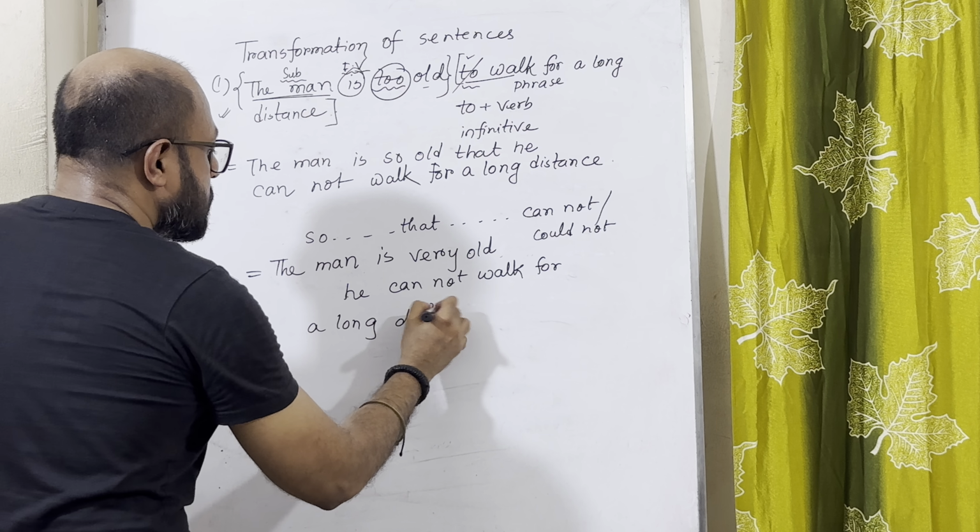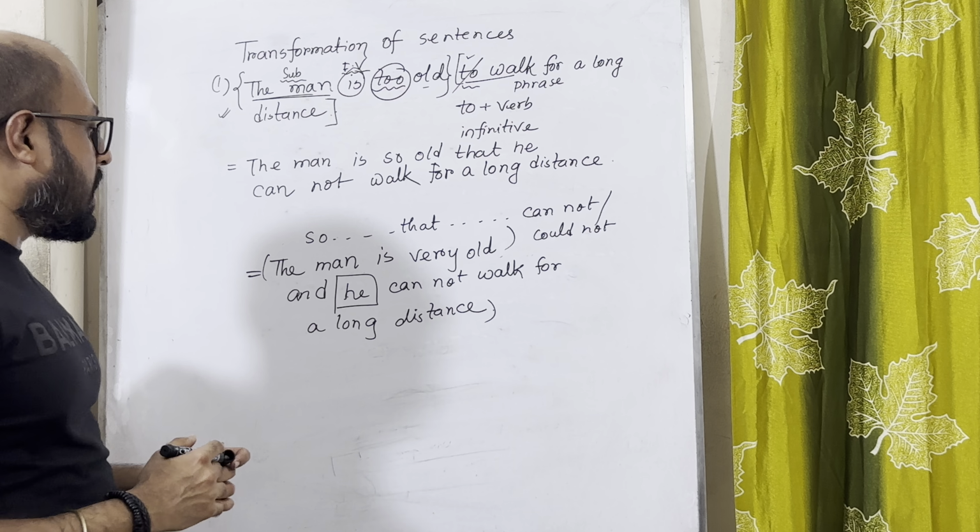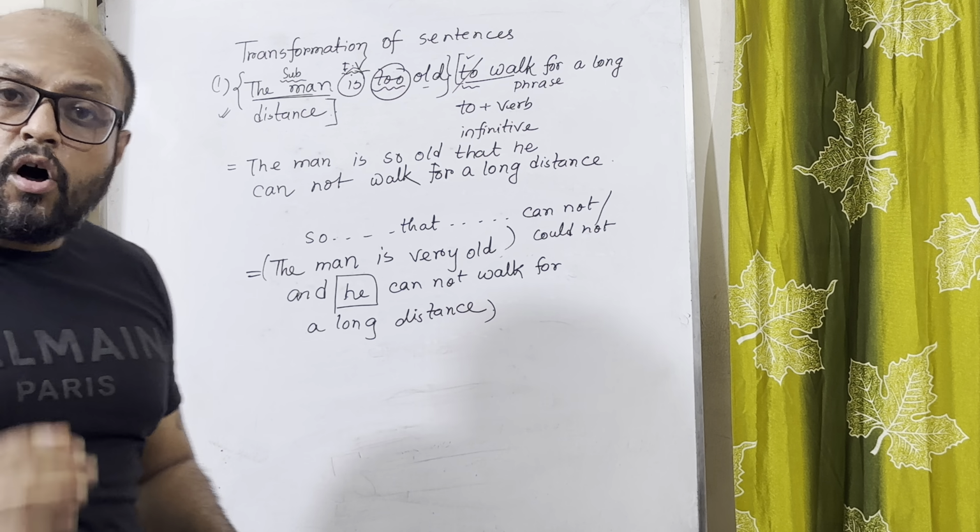You can eliminate this pronoun he, because here for both the clauses we are using the same person, the man. So you can eliminate he, then it will look like: The man is very old and cannot walk for a long distance.